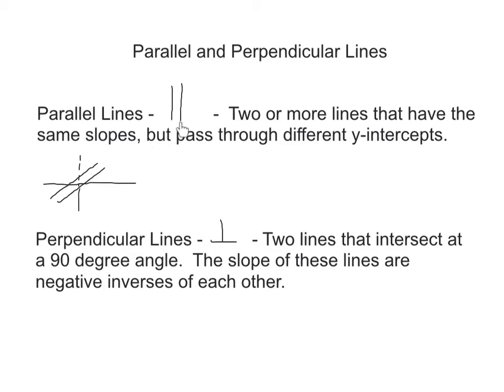They're always vertical, and it looks a little bit like an 11 if you're not paying attention, but in the context of parallel and perpendicular, know that two lines means parallel lines.